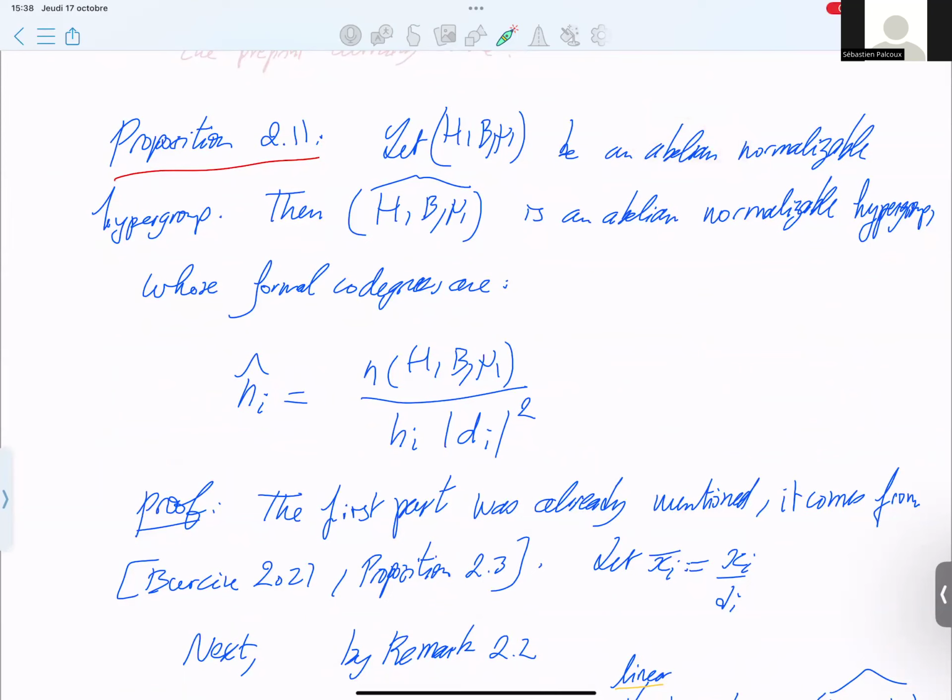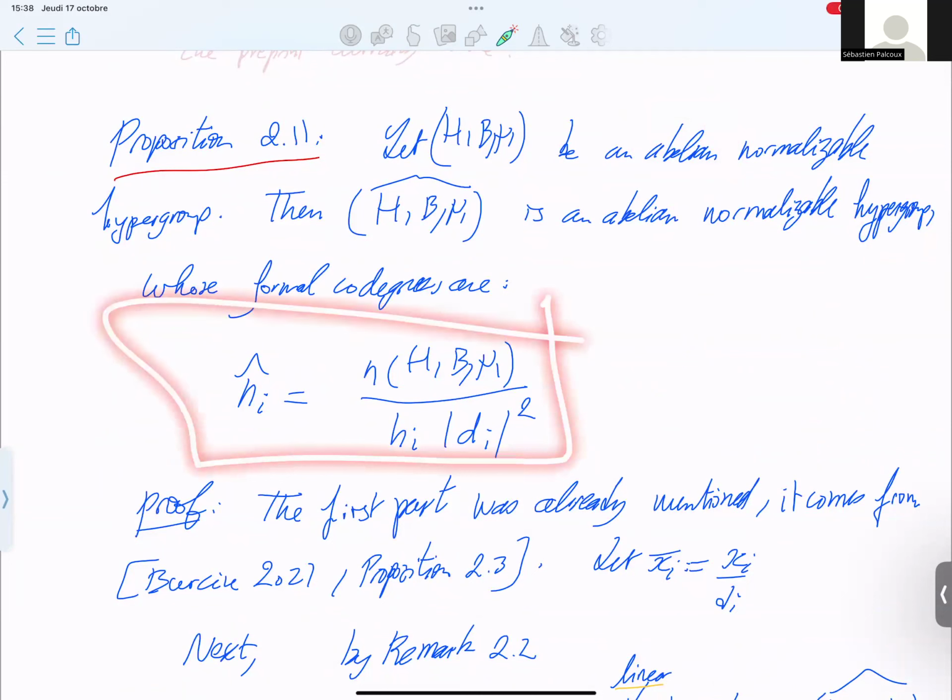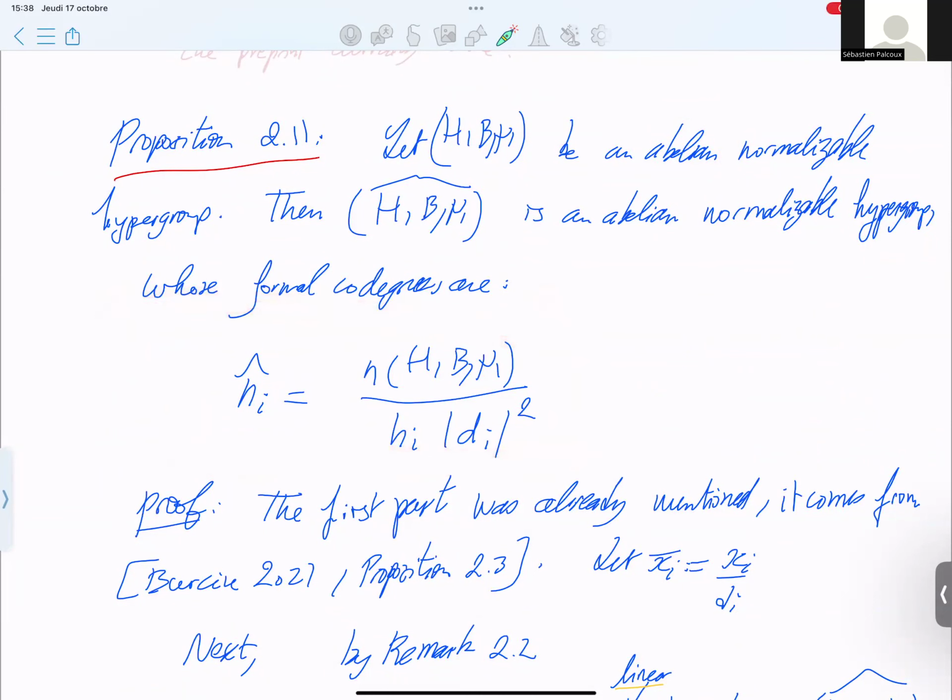Okay, so now we provide the formula for the formal codegree in the dual. So this is a normalized hypergroup, and there are also formal codegrees denoted like that on the dual, and in fact, this is this formula.